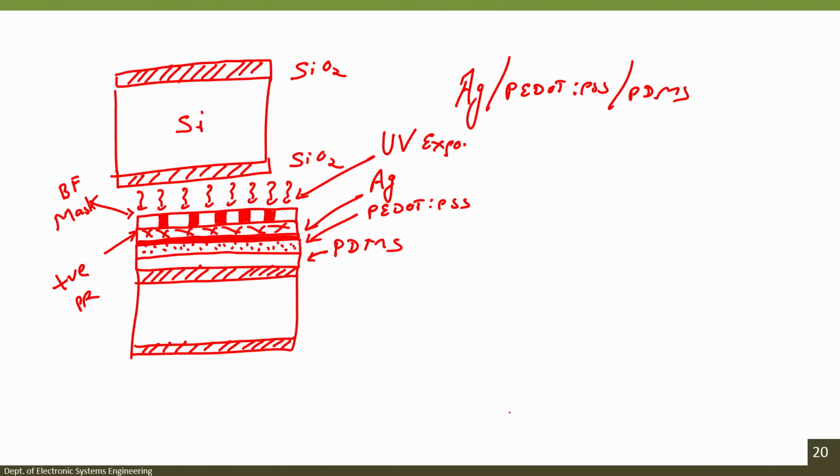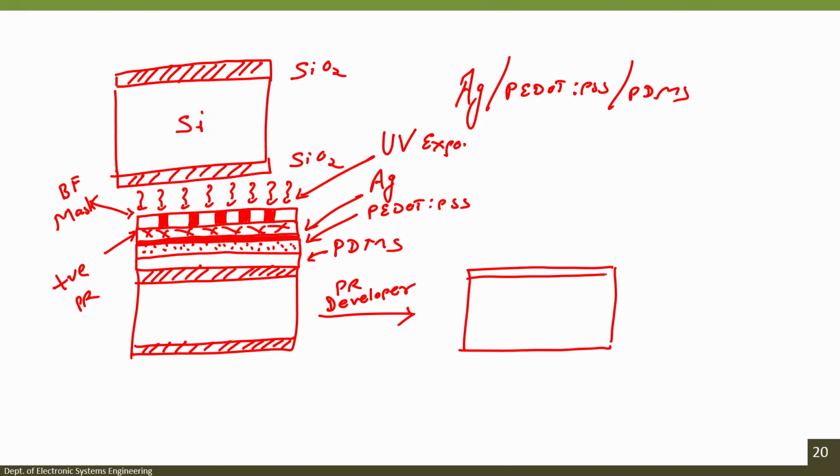After this, the next step is you unload the mask and dip the wafer in photoresist developer. When you do that, what will you have? You will have an oxidized silicon substrate.